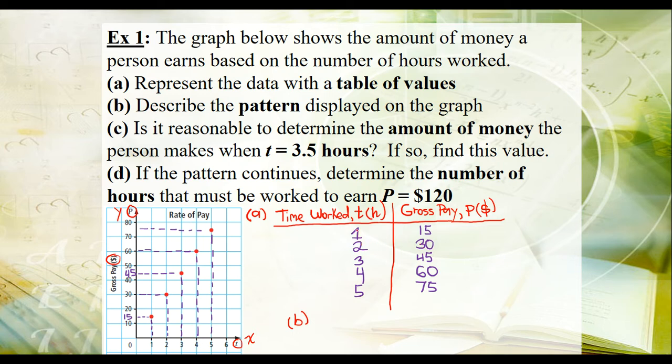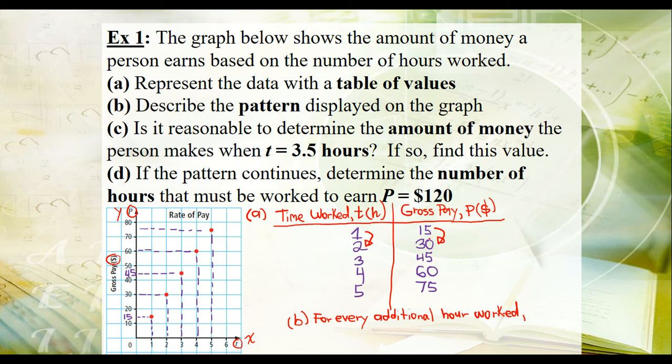Okay, if you go from 1 to 2 hours, so if you have an increase in 1 hour worked, so I'll write down here for every additional hour worked, okay, so if I jump from like 1 to 2 hours, how much more money do you make?